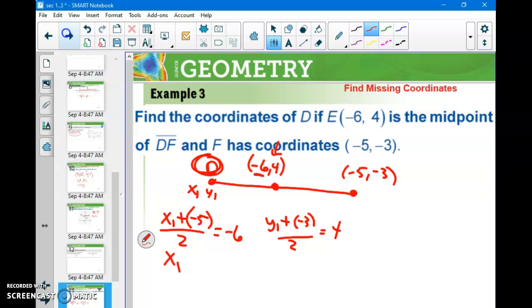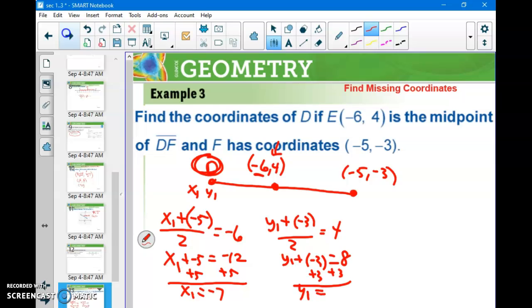Let's do a little solving here. Let's add 5 to both sides. So we know that x1 is at negative 7. And doing the same thing over here. Adding 3.